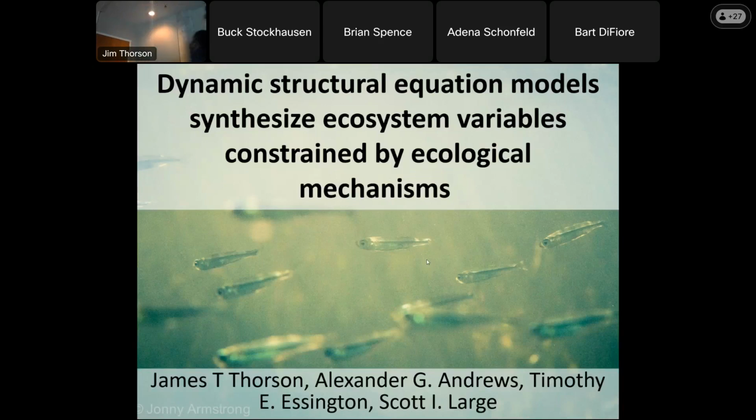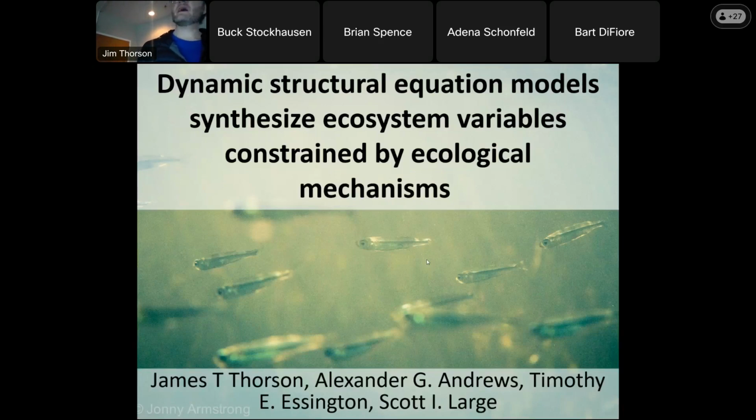Okay, so that's the phylogenetic SEM arc. And then, having convinced myself this was working, we did the time series extension of that. This is with Alex Andrews, who's in Juneau on the fall juvenile survey team, Tim Essington at UW, and Scott Large, who's the ecosystem branch chief at the Northeast Center.